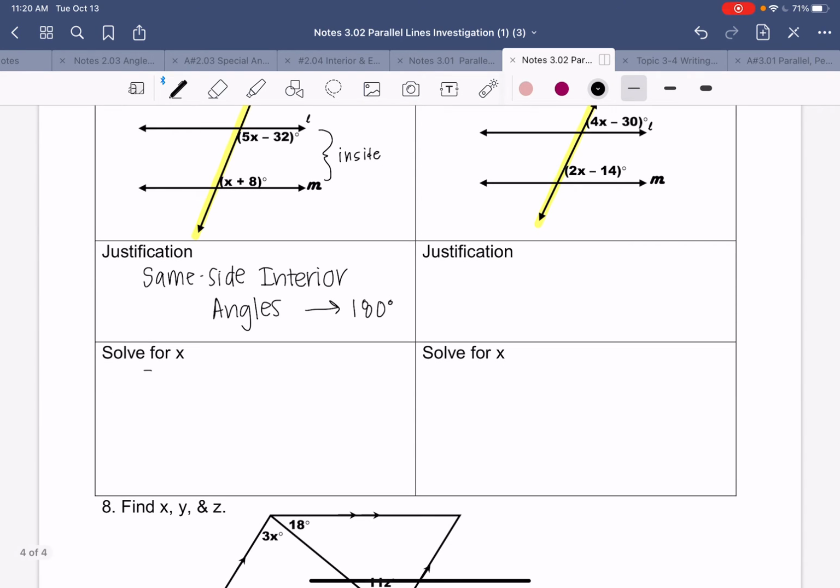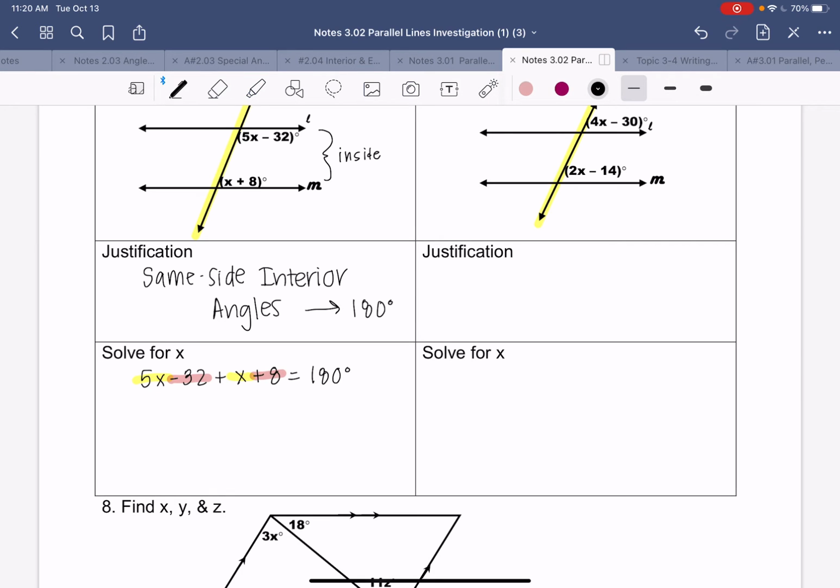I'm going to take both of those angles and add them together, 5x minus 32 plus x plus 8, and set it equal to 180 degrees. Combine like terms, so I have 5x and x, and negative 32 and 8.